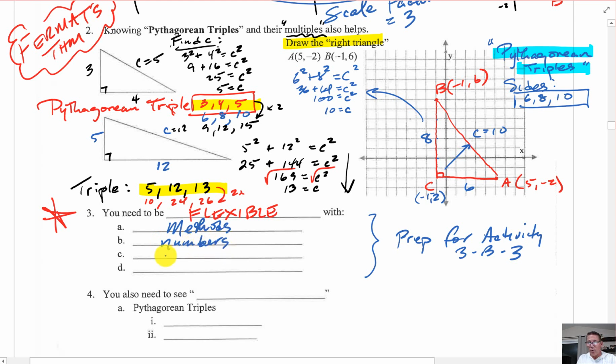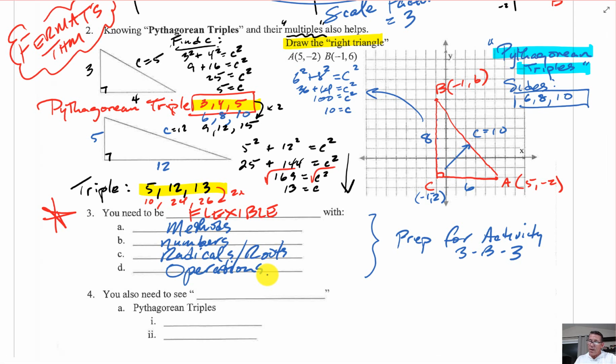You need to be flexible with radicals and roots, because we're going to get into a huge discussion about them, and it's not easy in the beginning either, so it's deceiving. So you better put your heart and soul into this, because this is not easy for a lot of people. I know just because I've worked with students over the years, so believe me. You also need to be flexible with the different types of operations.